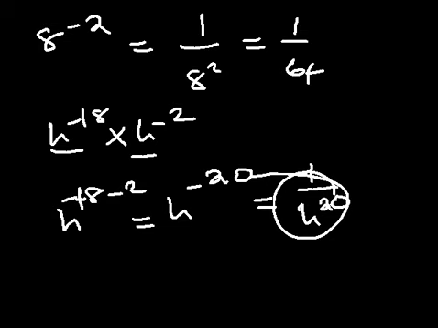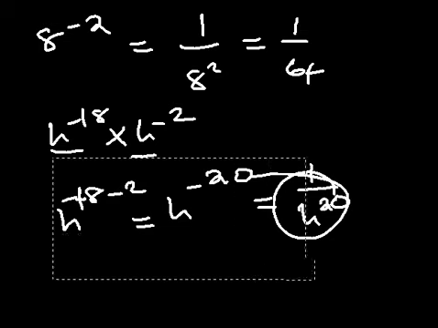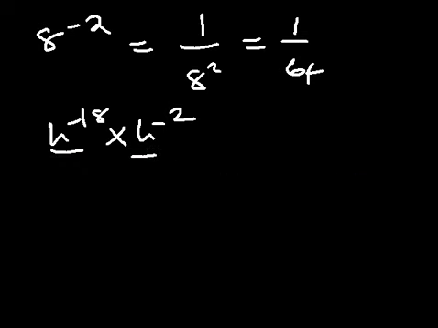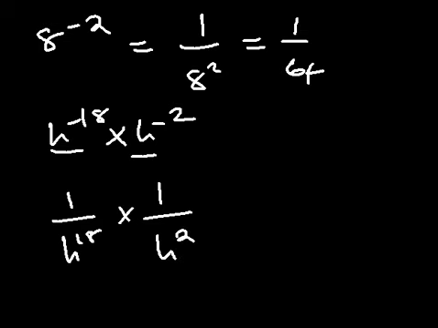Or else you may think of applying this another way. You can also have this one as 1 over h to the power 18 times 1 over h to the power positive 2.